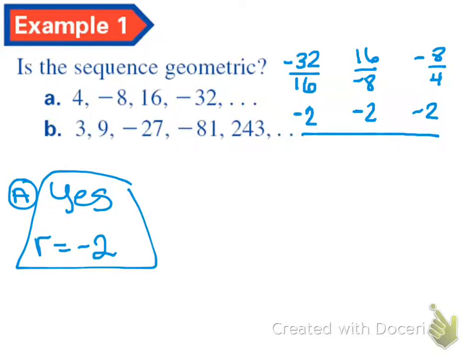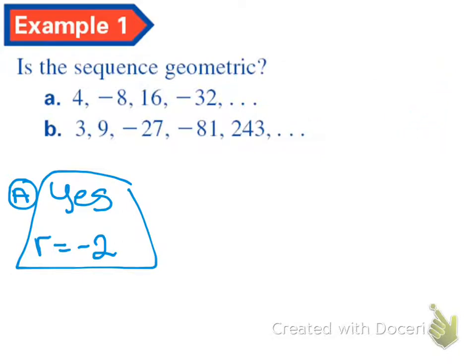Let's look at B. First, let's erase, make some room here. So now let's look at part B. Again, we want to take the last term over the previous term. We would get a common ratio of negative 3. Then take the negative 81 over the previous term.